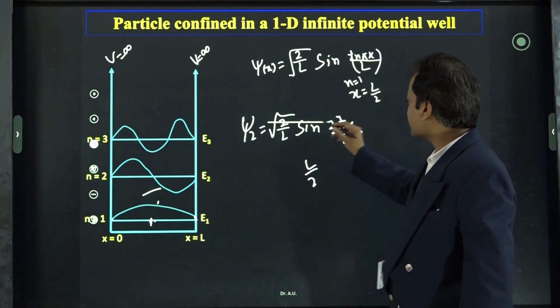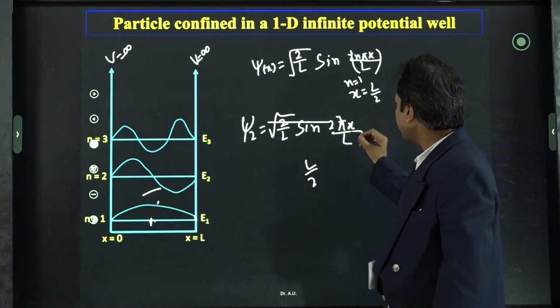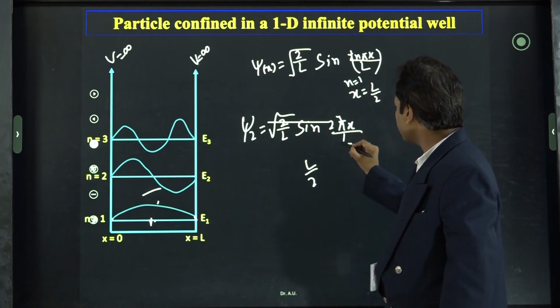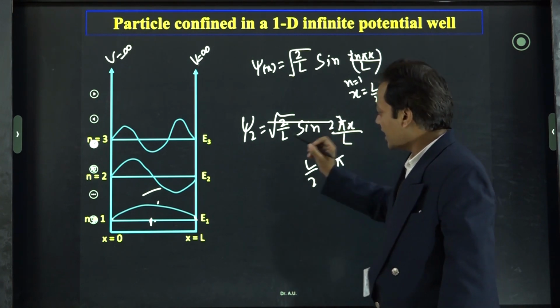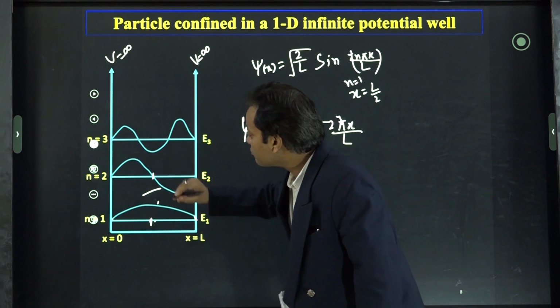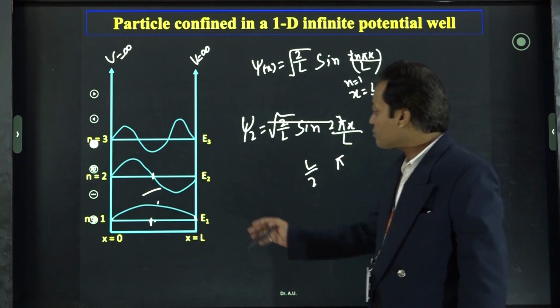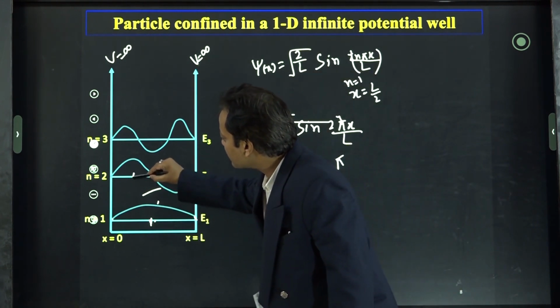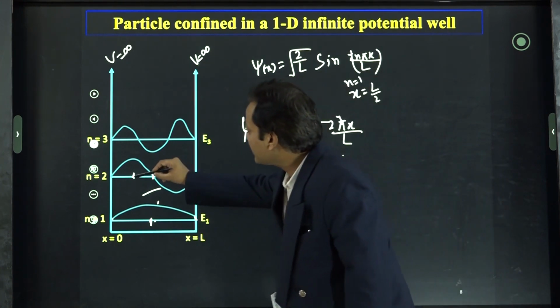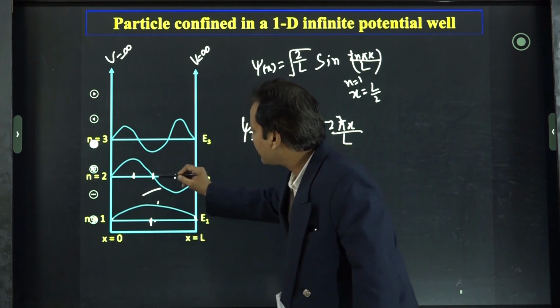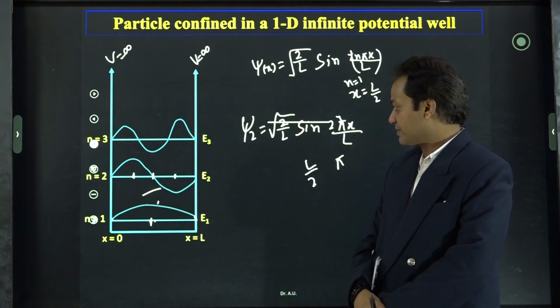If we check this function psi 2 for L by 2, L cancels, so 2 pi by 2, 2 cancels, so only pi. What is the value of sine pi? Again 0. So at L by 2 we also get 0. We can check for L by 4 or 2L by 3. This function will give maxima and minima, coming like a sine function.